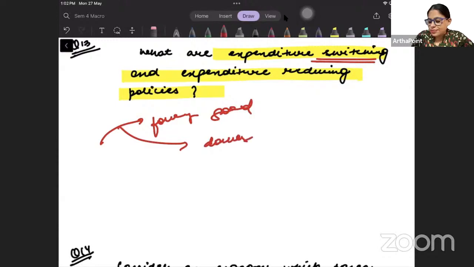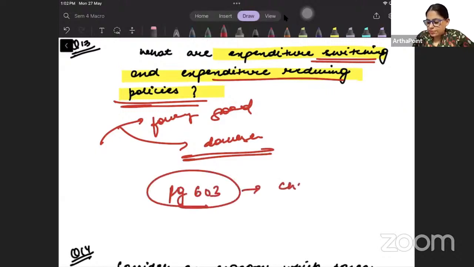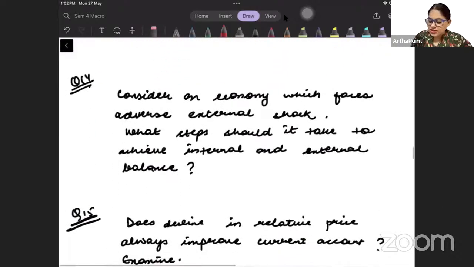So you switch your expenditure. And expenditure reducing means you lower the expenditure. So you have to try and explain both of them. The answer to this is given on page 603, beta, of chapter number 20. And you must do this very well. Okay beta, let's come to the next question.